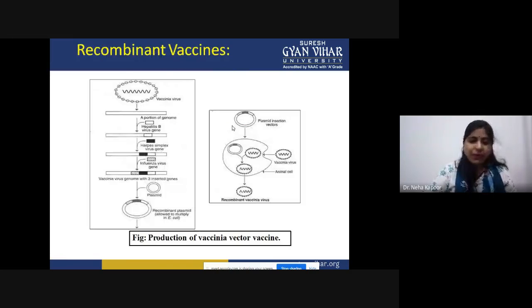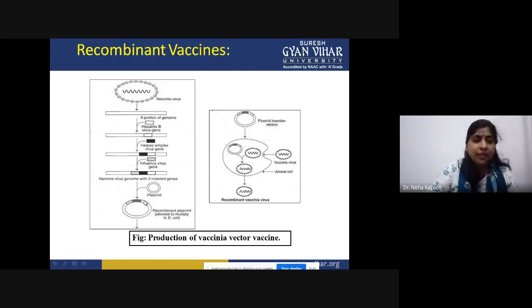Next is recombinant vaccines. In the case of recombinant vaccine, this is how this vaccine was developed. As you can see, this is the vaccinia virus, and a portion of the genome of this vaccinia virus was taken, and hepatitis B virus gene was inserted. After that, the HSV gene. After that, the influenza virus gene, and this vaccinia virus genome was containing 3 inserted genes.